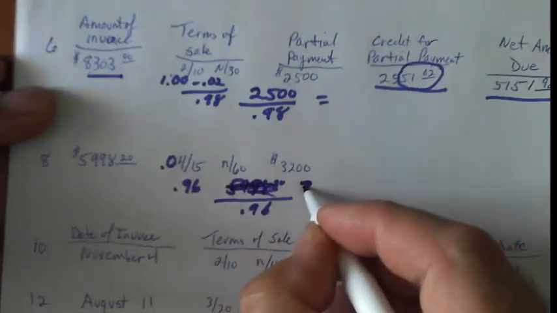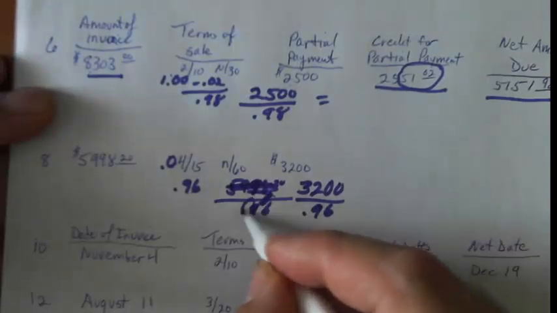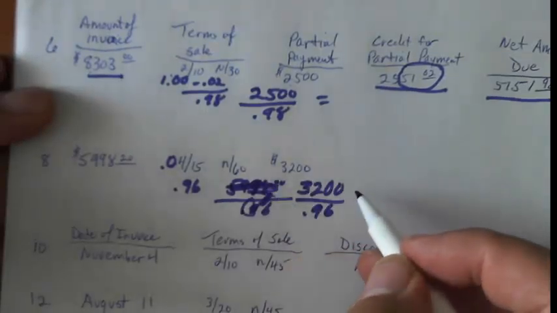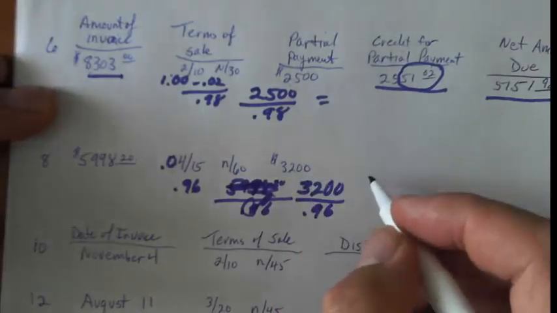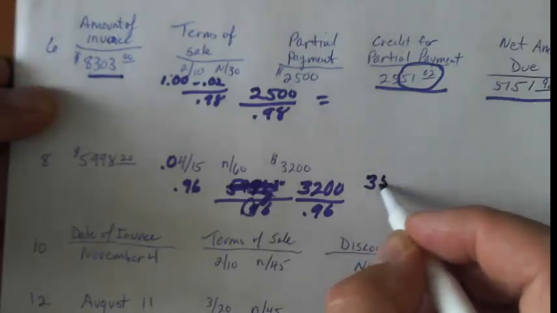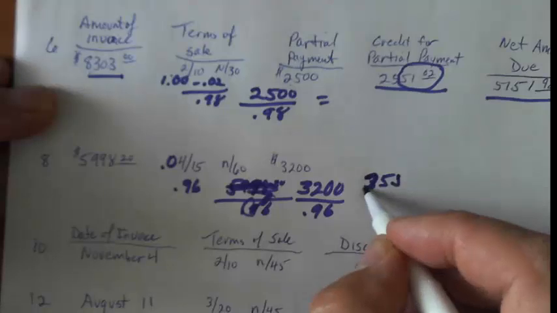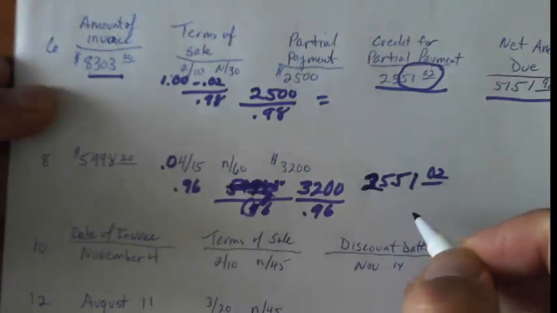Excuse me, we'd only get it on the partial payment, and you don't get it on the whole thing. So with a partial payment, you get credit, divide. Then you would have 2,515.02. Okay, here's your credit.